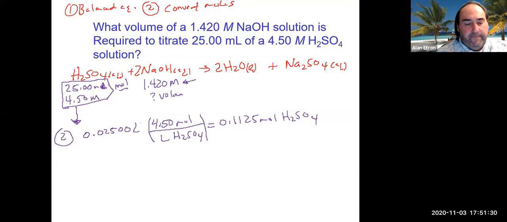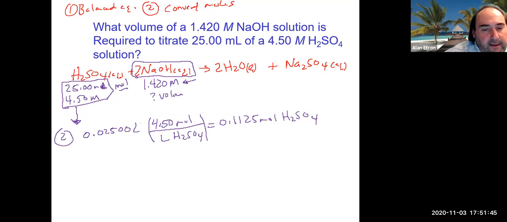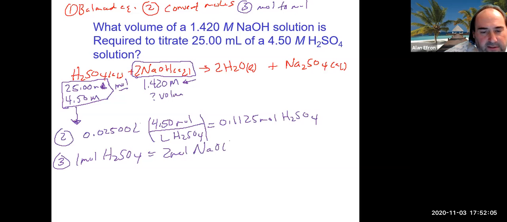Okay, so once we have moles of sulfuric acid, we are not interested in sulfuric acid, right? We are really interested in our sodium hydroxide. So the next part is the mole to mole relationship, just like a normal stoichiometry problem. From the equation, we can see that for every 1 mole of H2SO4, we get 2 moles of NaOH.